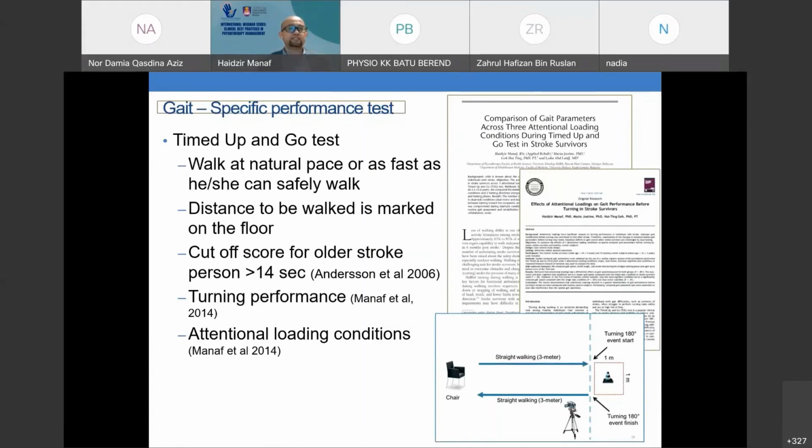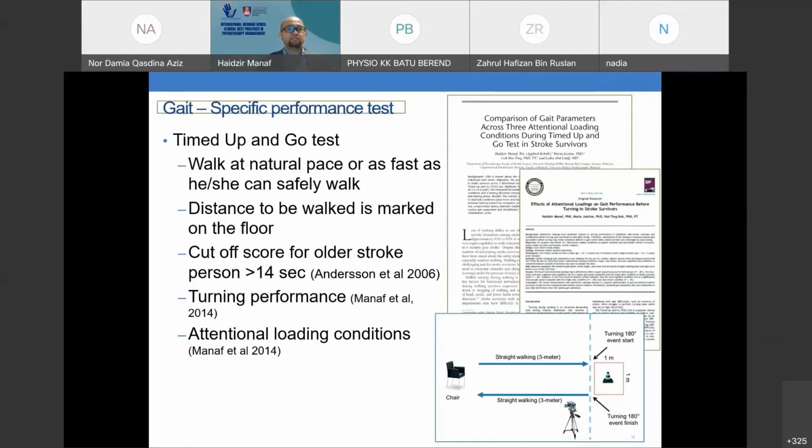The TUG test measures the time taken for an individual to stand up from a chair, walk 3 meters, make a turn around, walk another 3 meters back to the chair, and then sit down. The time taken to complete the TUG test has been shown to predict falls in community stroke patients and also the elderly.